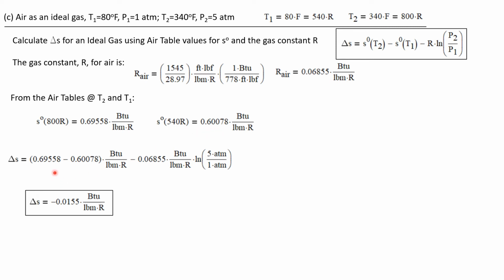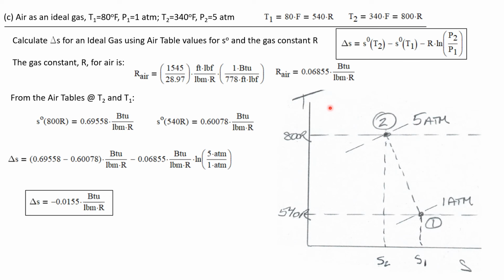So delta S is S naught at T2, which is 0.69558, minus S naught at T1, which is 0.60078, then minus the gas constant R, which is 0.06855 BTUs per pound mass R, times the natural log of P2 over P1. Both were given in atmospheres. We calculate that delta S is negative 0.0155 BTUs per pound mass R.